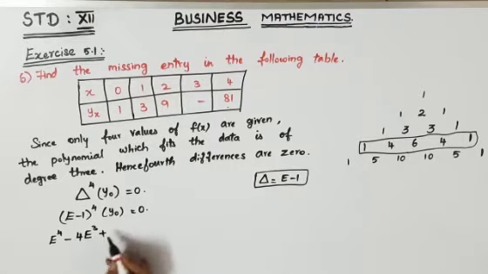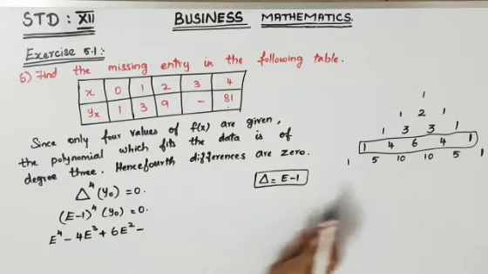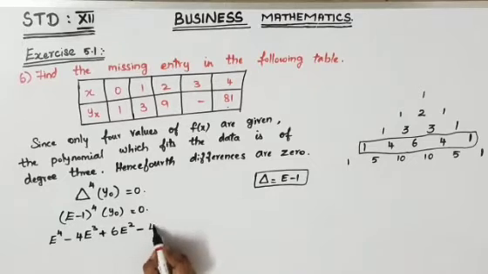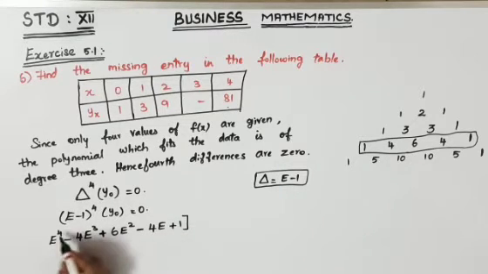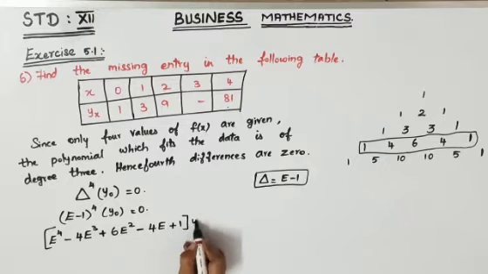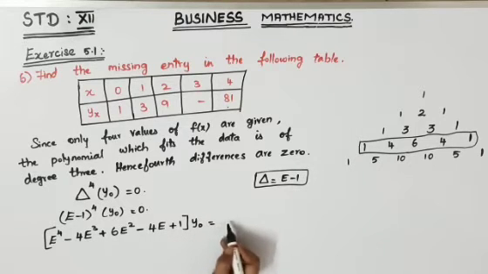Then put plus 6, so 6 e power 2. Again minus 4, so 4 e power 1, otherwise we can write e itself. Then plus the last term 1, into y naught as it is. So that is equal to 0.